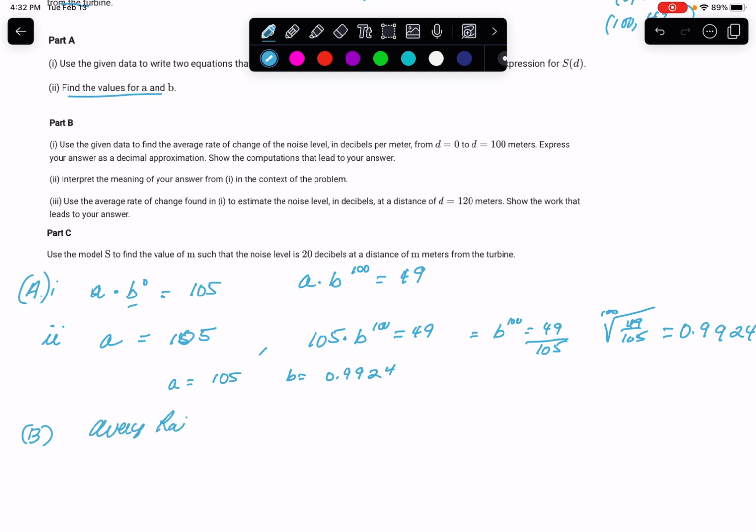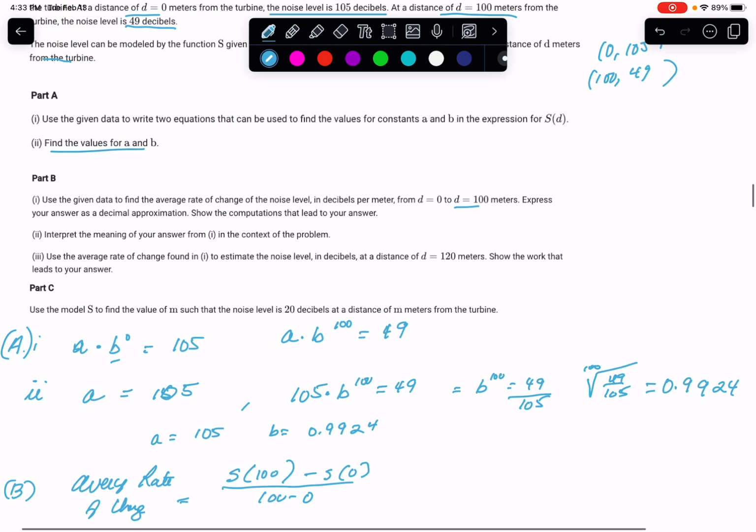So average rate of change is equal to S of 100 minus S of 0 over 100 minus 0.